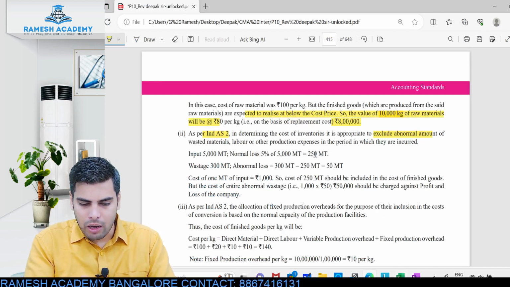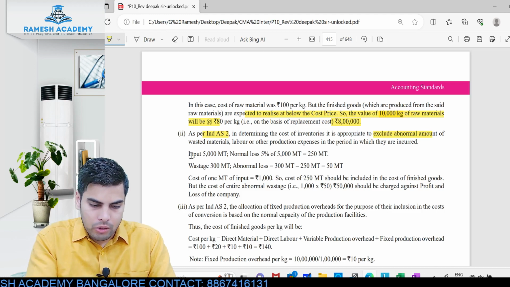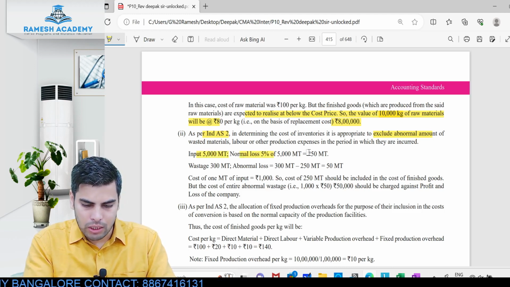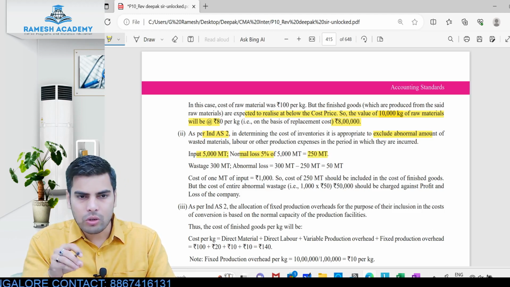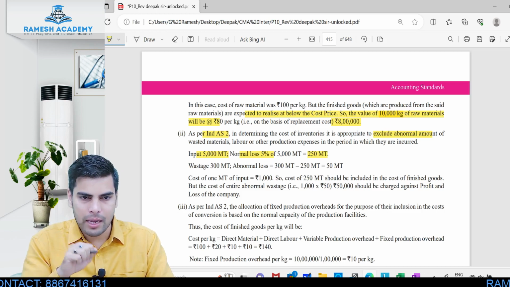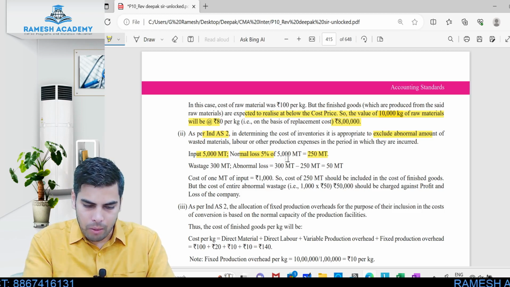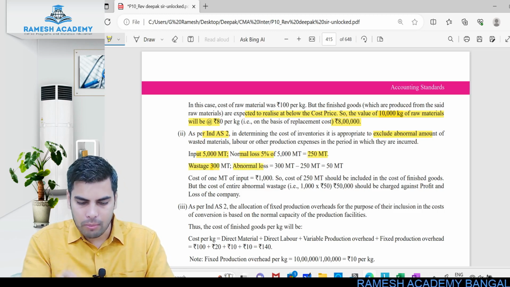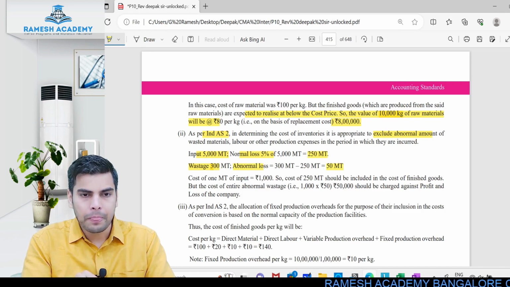So here also abnormal item we need to exclude. Input was 5,000, normal loss they have told as 5%, so that would be 250. The actual loss was 300 metric ton. Out of 300, if 250 is normal loss, the remaining would be abnormal loss. Wastage is 300; out of 300, 250 is my normal loss, so 50 metric ton would be my abnormal loss.